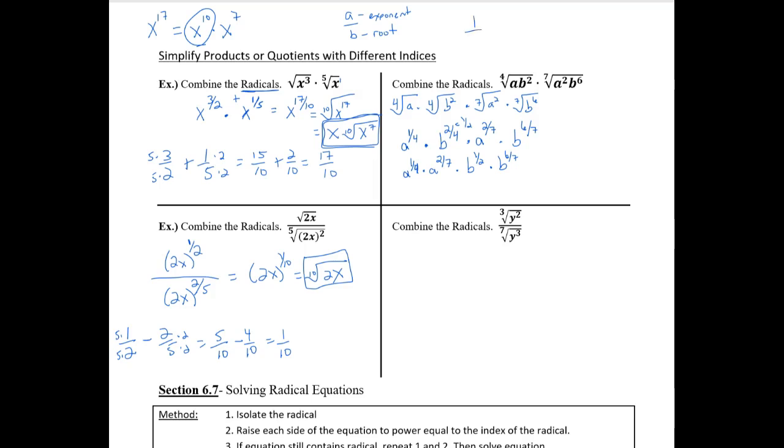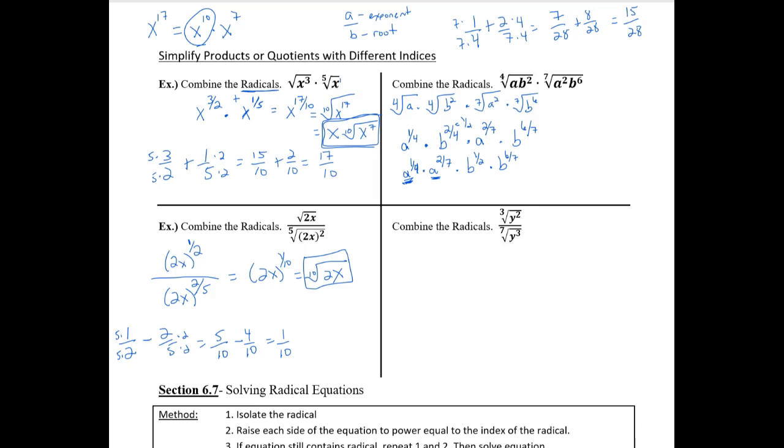I'm going to start with 1/4 plus 2/7. So only like bases can be combined. And I have 1/4 plus 2/7. They need a common denominator. Multiply by some 7s, by some 4s. I have 7/28 plus 8/28. 7 plus 8 is 15/28, right?